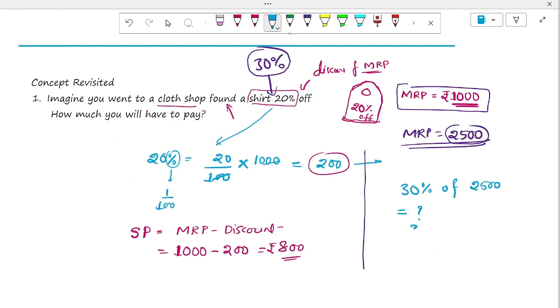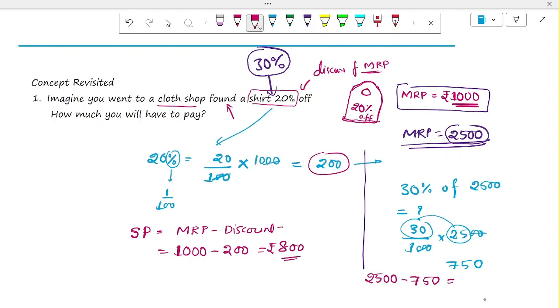30% of 2500 is 30 divided by 100 into 2500, right? So it becomes what? 25 into 3, 75, 0. That is 750. And then you need to find 2500 minus 750.